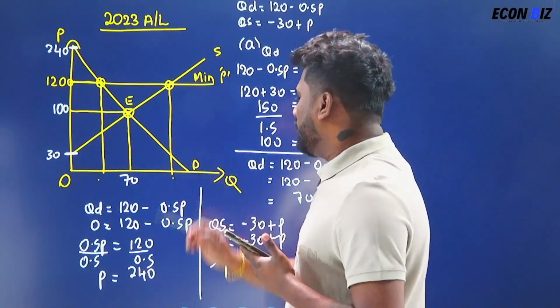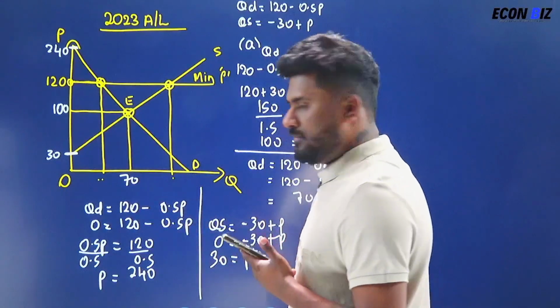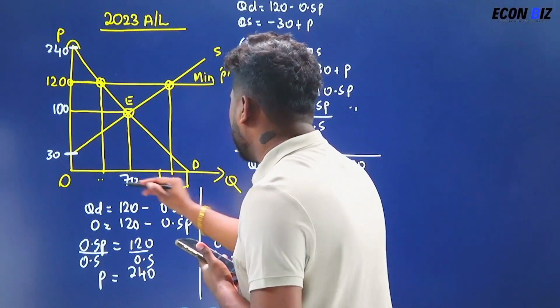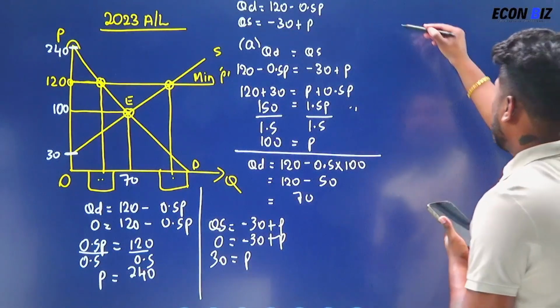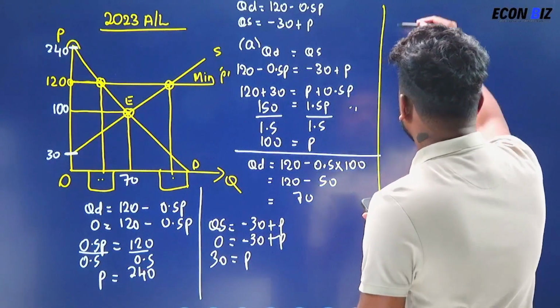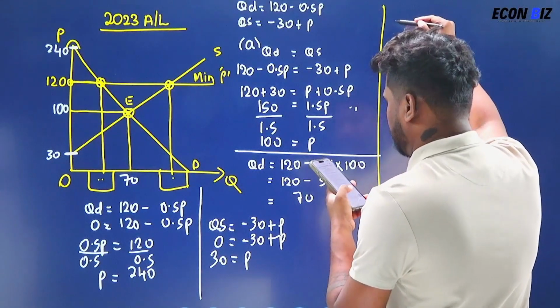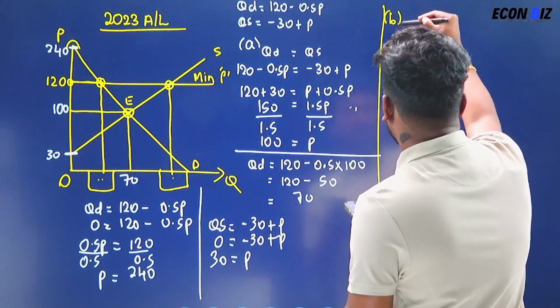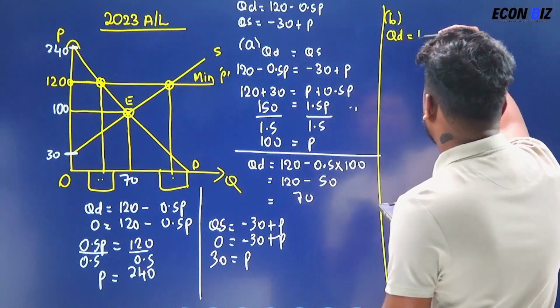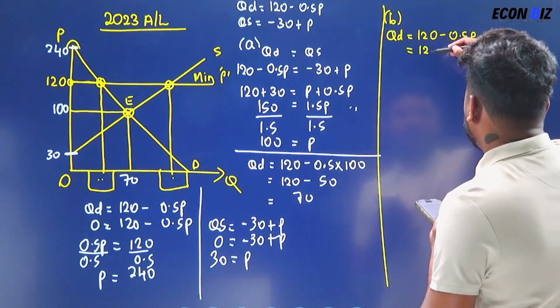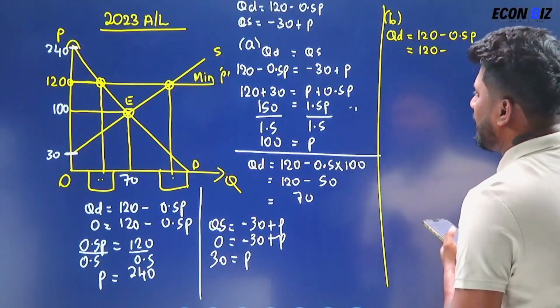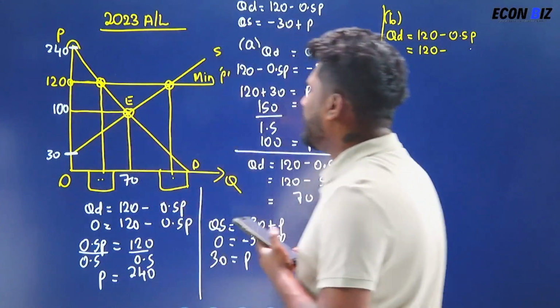So you have to find out the QS figure and the QD figure. So let's find out. Okay, now write down the demand equation. QD equals 120 minus 0.5p. We need to find the quantity demanded at the price of 120.